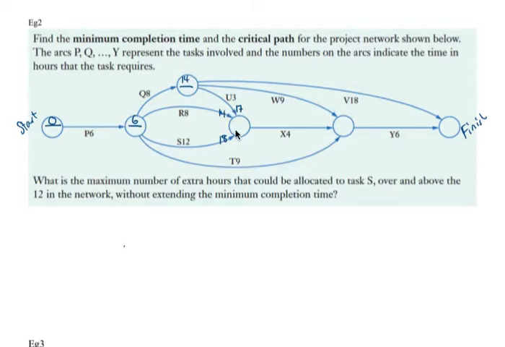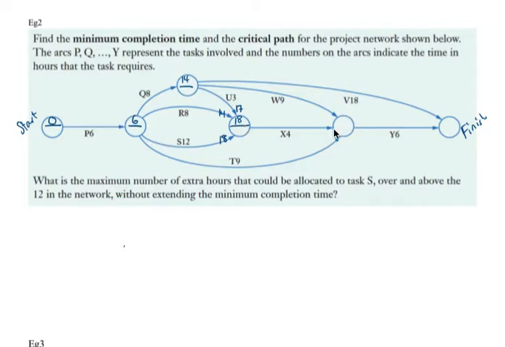We choose the maximum value, which in this case is 18. We have to wait 18 days before all of the activities coming in have completed. So the earliest we can start X is 18 days in.